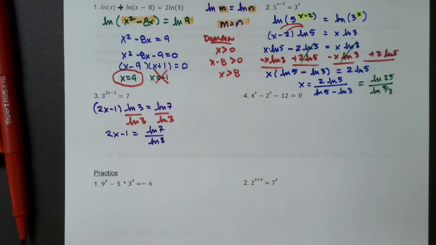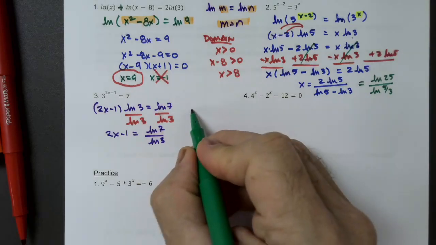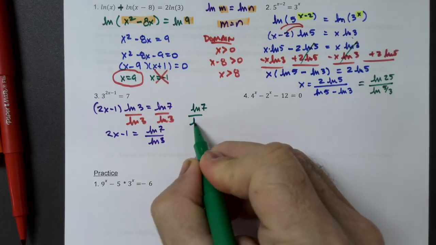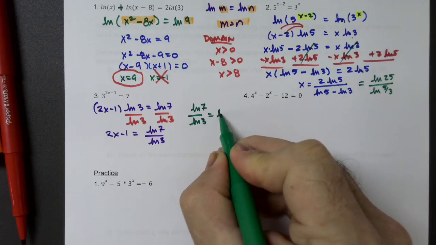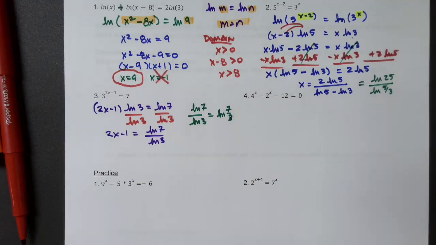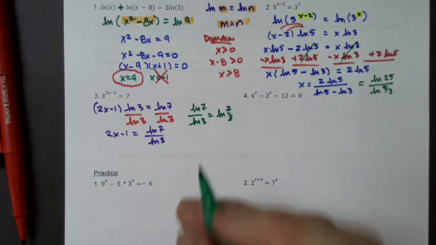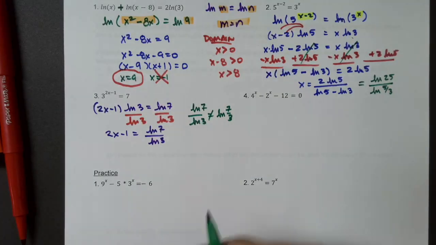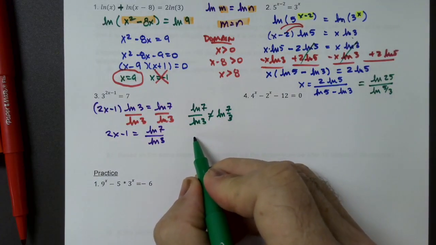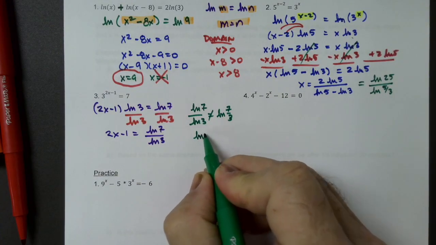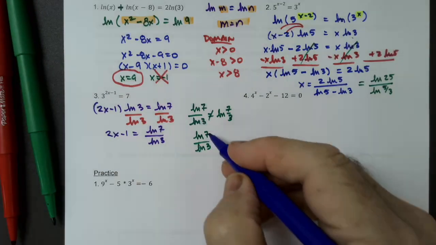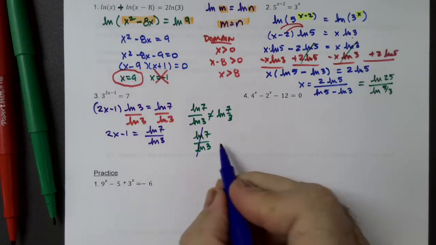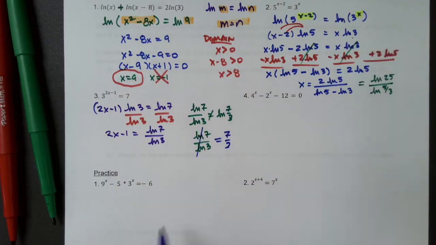And then also, the natural log of 7 divided by the natural log of 3 is not the natural log of 7/3. And then also, believe it or not, we've seen this one before, the natural log divided by the natural log gives us 7/3.